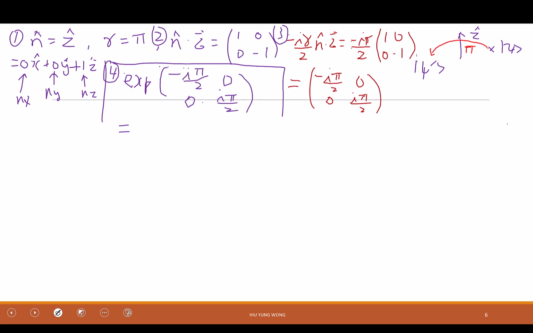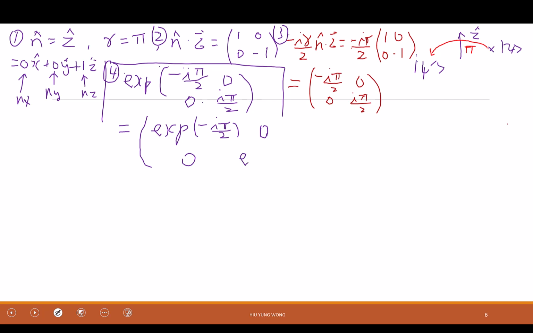Because it's diagonal, I can actually write it as exponential negative I pi divided by 2, 0, 0. I am allowed to just take the exponential of the elements along the diagonal. Okay?